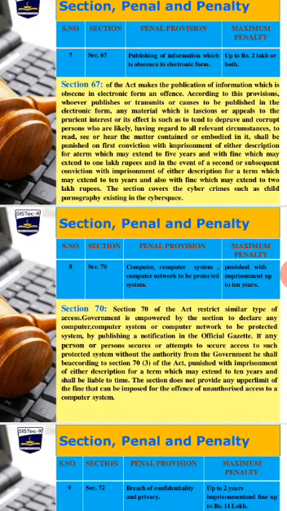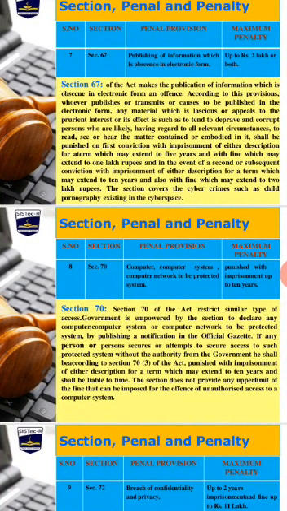The government is empowered by this section to declare any computer system or computer network to be a protected system by publishing a notification in the official gazette. The government may further pass an order in writing and authorize the persons who may access such protected system.